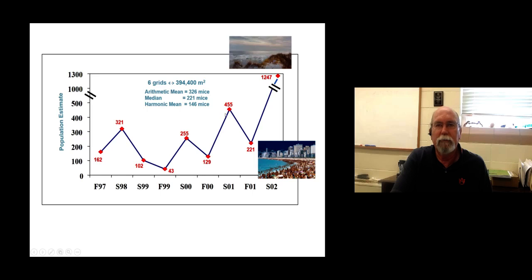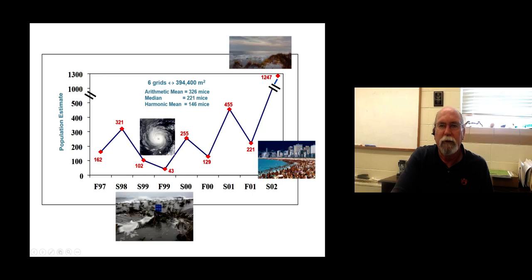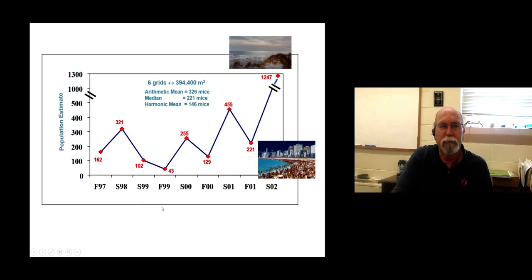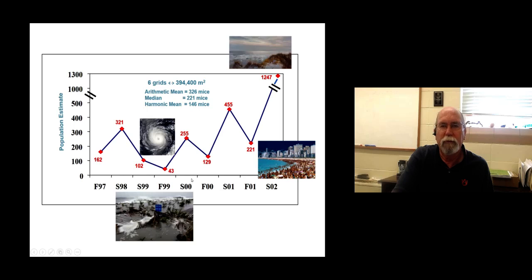But from our data, we said, okay, we basically have something where we can look at the number of mice that are out there, have some median number, and we can play with those numbers, okay? So even though we have hurricanes and these nasty events, if we just figure out over time, from when there's a lot of mice out there, when the habitat looks like this, to when there's not many mice, when the habitat looks like that, we can figure out sort of a running number, okay?